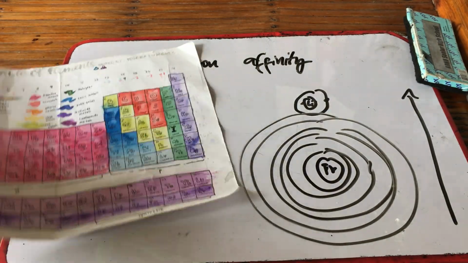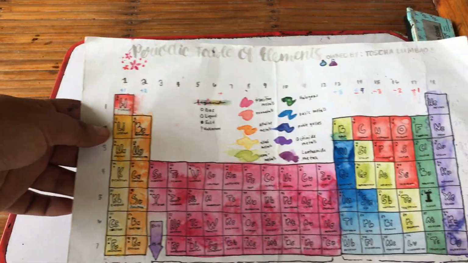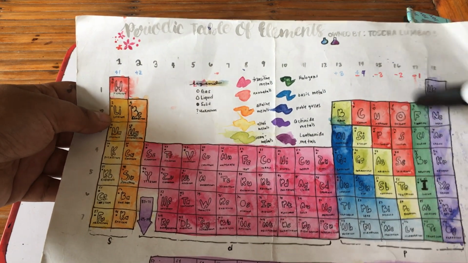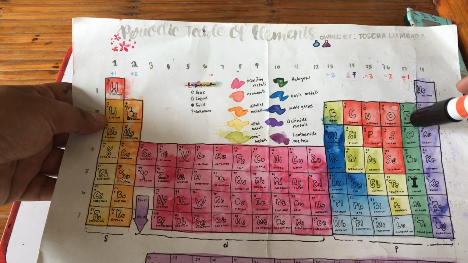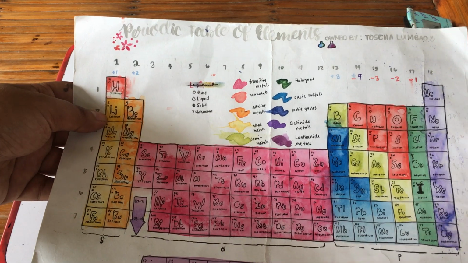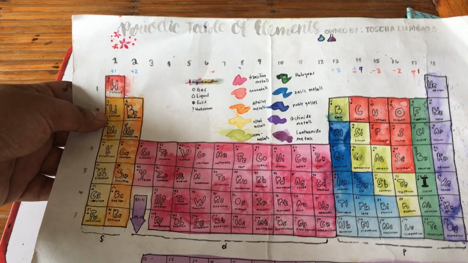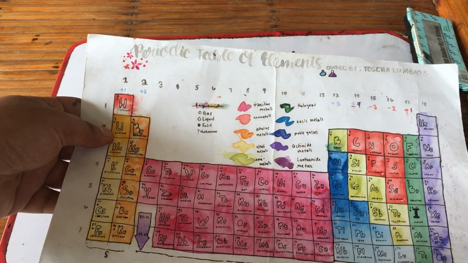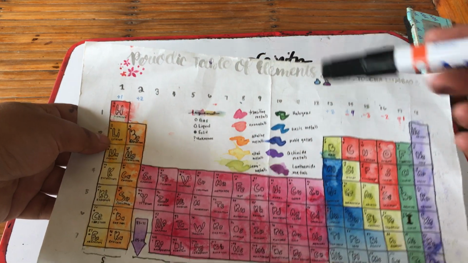Now, how about from the left to right? We learned in our compounds and ions that gases tend to accept electron and hold their electrons rather than release them. Therefore, that's their electron affinity.